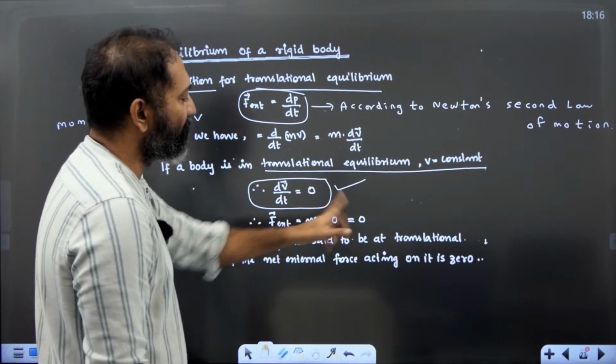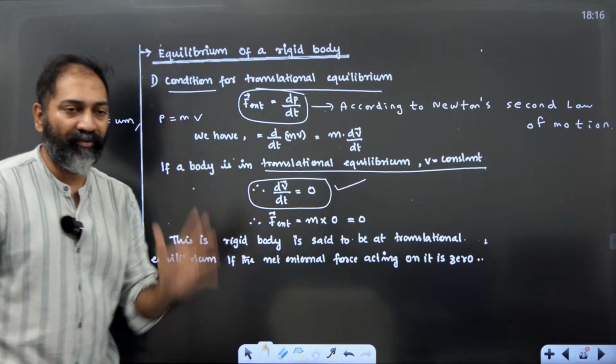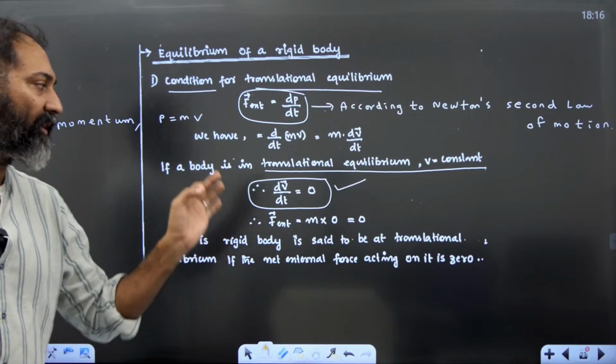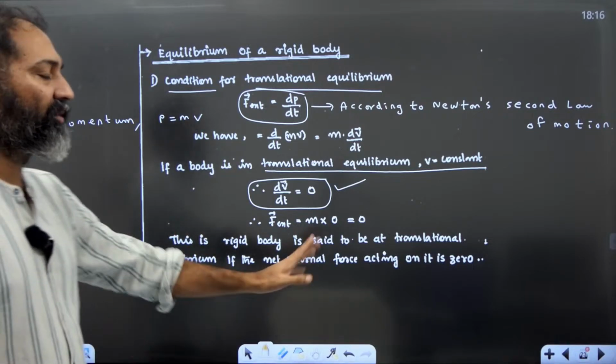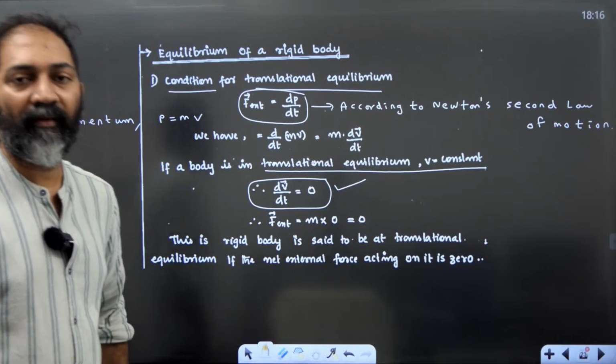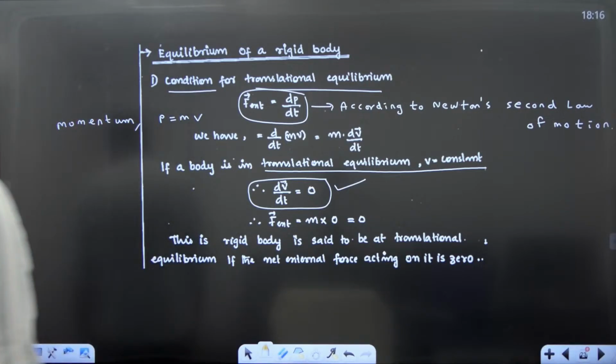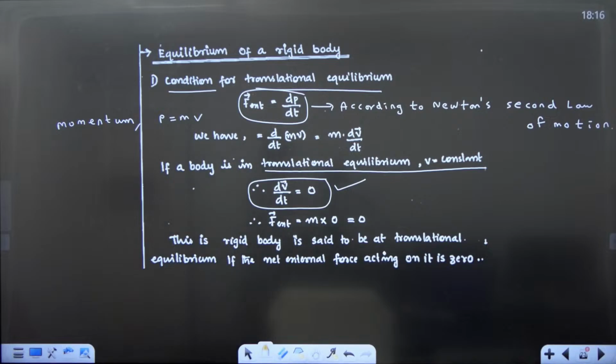So external force is 0. What is our conclusion? If a body is in translational equilibrium, the external force on the body will be 0.